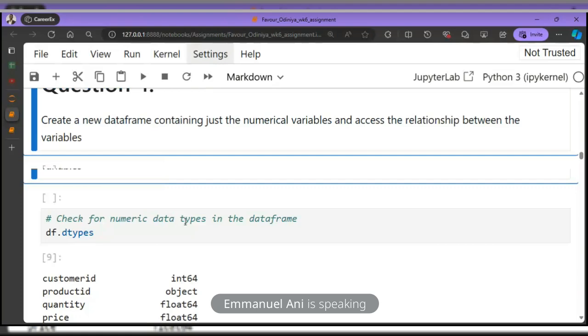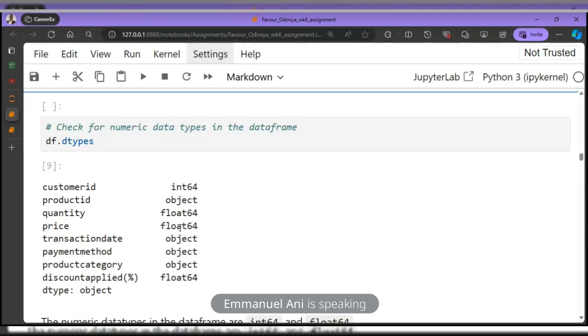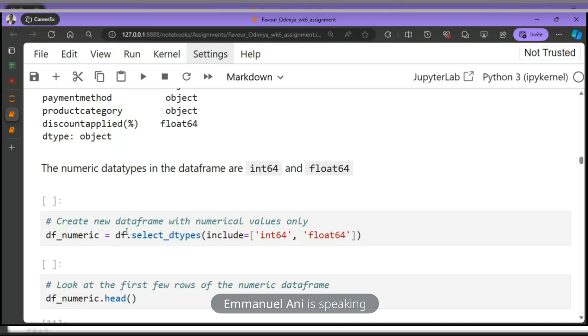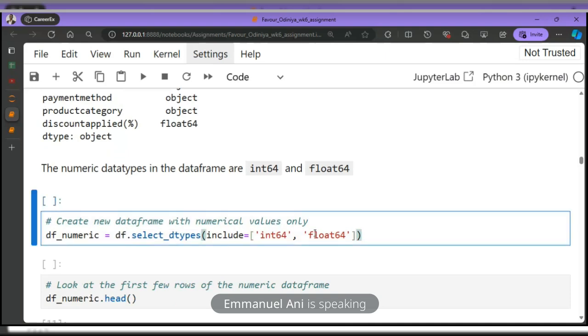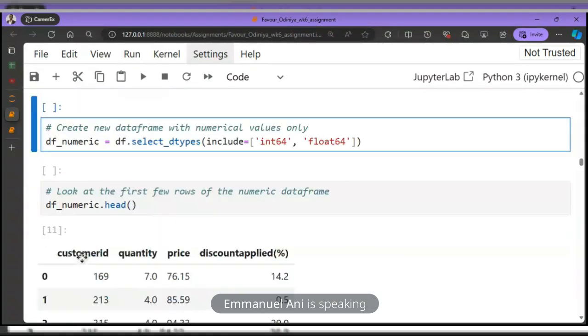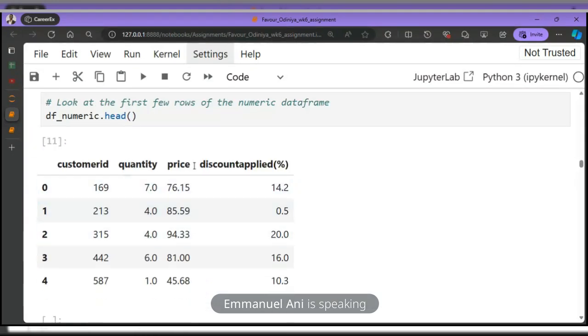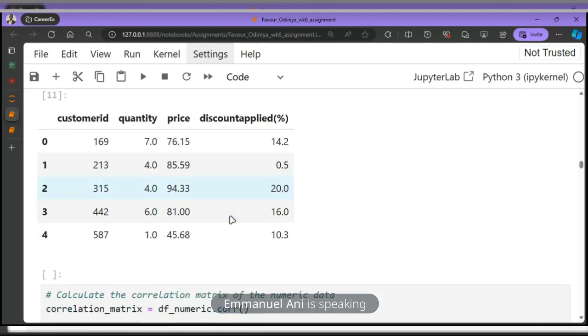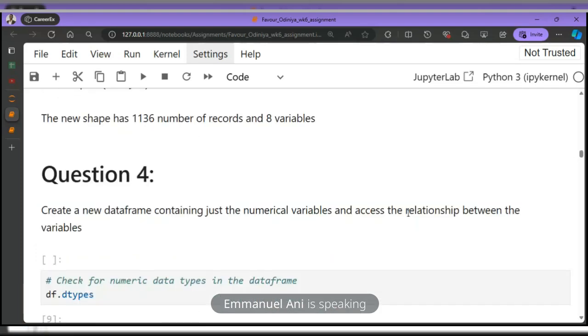So you can see the person got the dtype first, and using the select_dtypes function and this particular parameter, we can select specific columns based on the data type you want, and assign it to a new data frame. So if you see here, this is a data frame with just the numerical variables, and I asked you to assess the relationship between the variables.